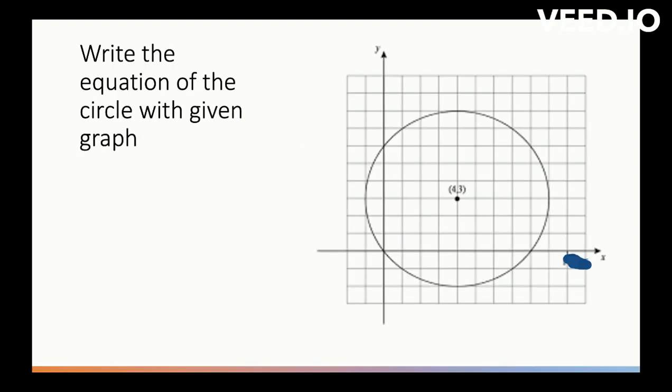Alright, we're asked to write the equation of the circle with the given graph. We can see that the center of the circle is at (4, 3). That means h is 4, k is 3.